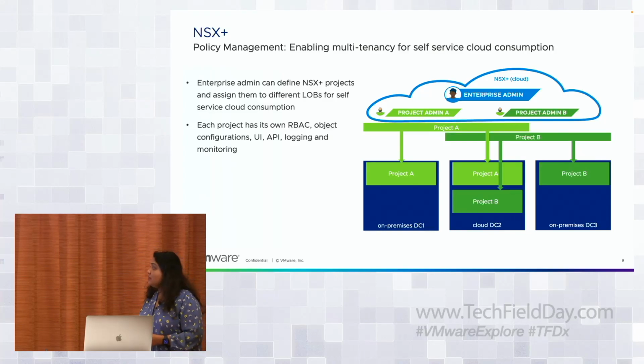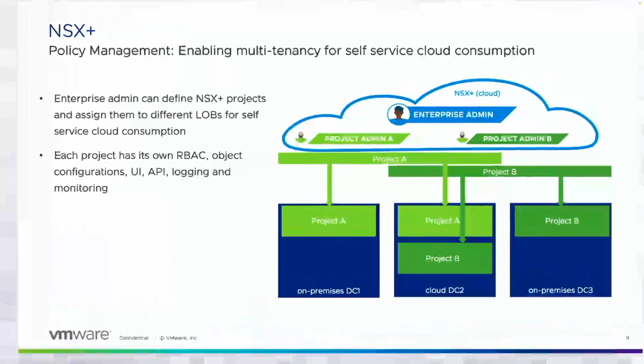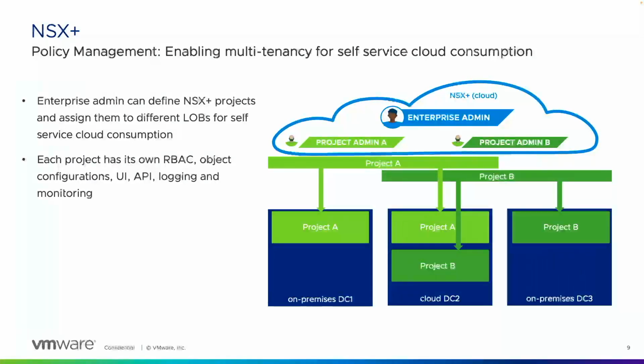Now, within the realm of a project, each project has its own RBAC, its own object configurations, its own UI, API, logging, and monitoring. So it's true multi-tenancy. And within the project, the line of business can do whatever tasks the enterprise admin has allowed them to do.